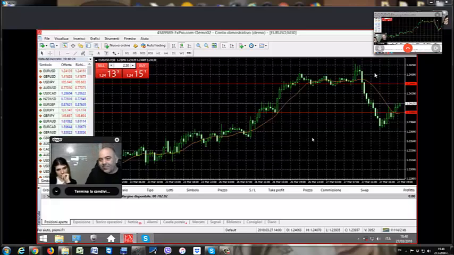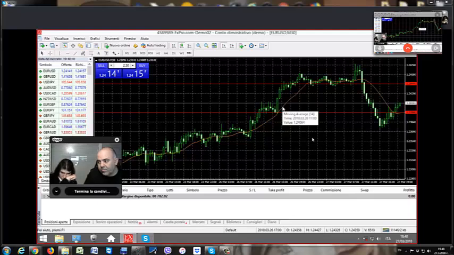Important is that you practice these three techniques at your choice, before and during news, using a demo, for example. Why? Because on demo you can see if you are able to manage the risk.